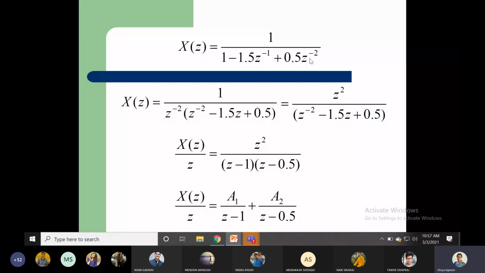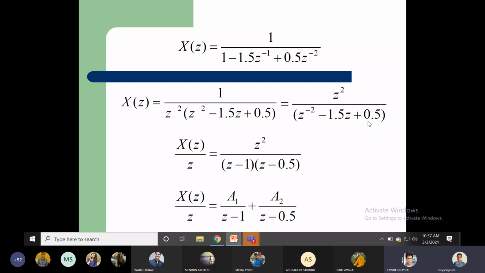So what I did here, Z raised to minus 2 common, I took it out in the denominator. So the equation will change to Z raised to minus 2 minus 1.5 Z plus 0.5 Z square. I have taken the denominator term to the numerator, so it will be Z square upon Z raised to minus 2 minus 1.5 Z plus 0.5.